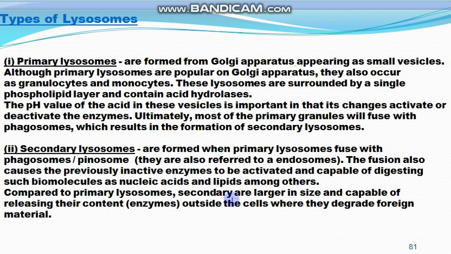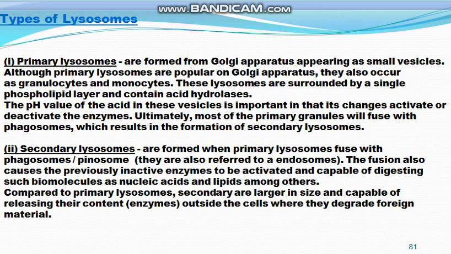Compared to primary lysosomes, secondary lysosomes are larger in size and are capable of releasing their contents, or the enzymes, outside the cells, where they can degrade foreign material.